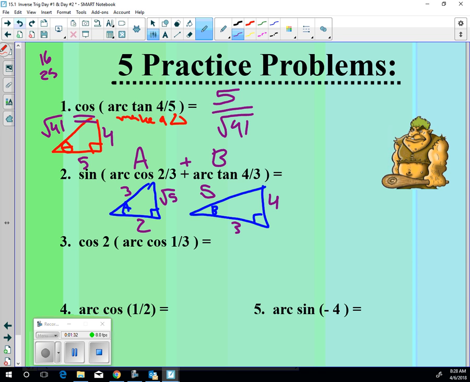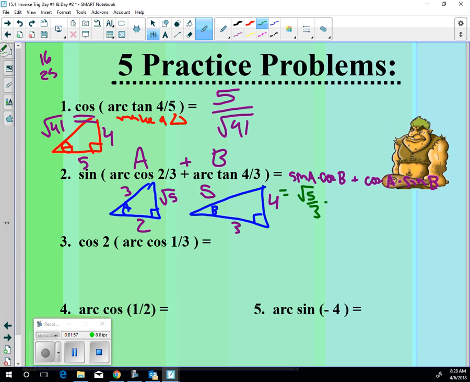So this one is going to be the sine of A times the cosine of B plus cosine of A times the sine of B. So the sine of A is the, I'm going to use green here, square root of 5 over 3.